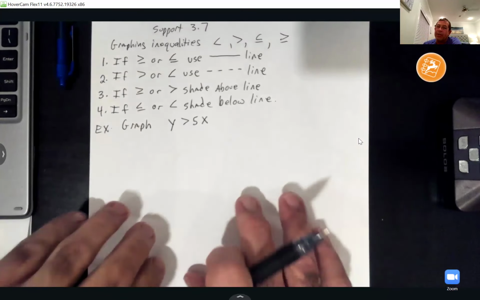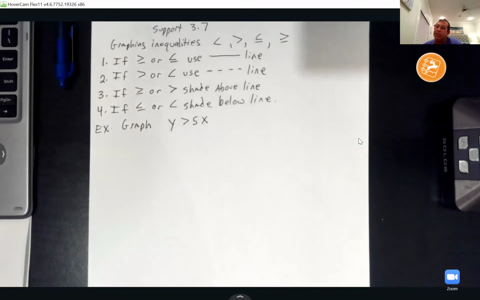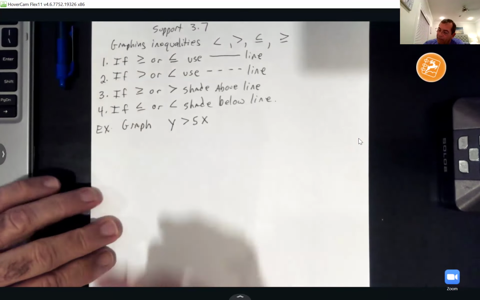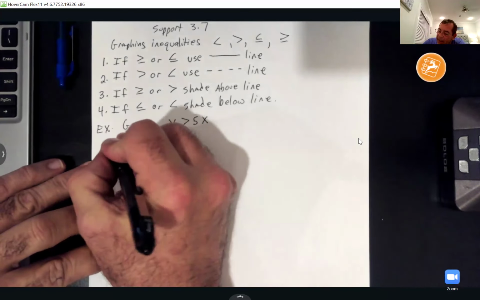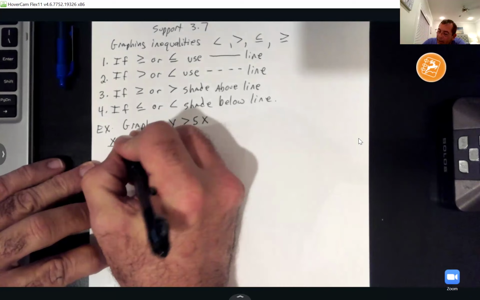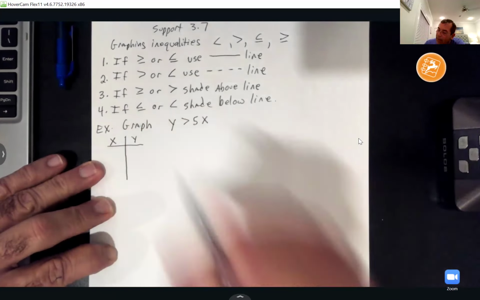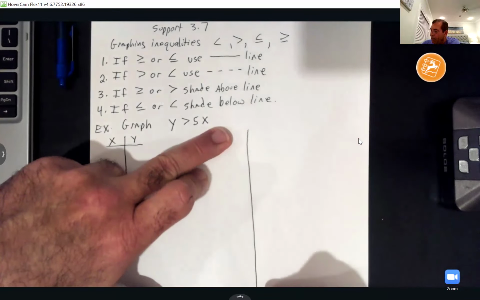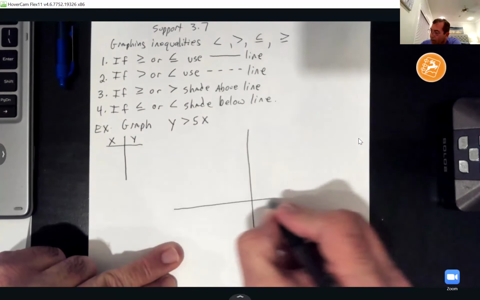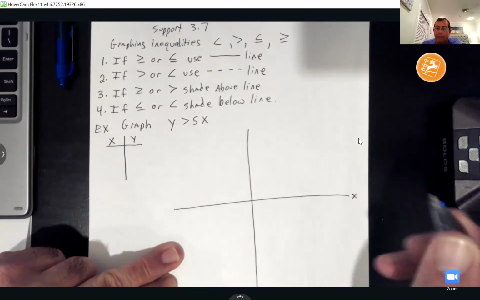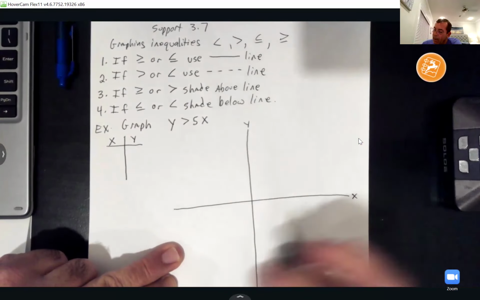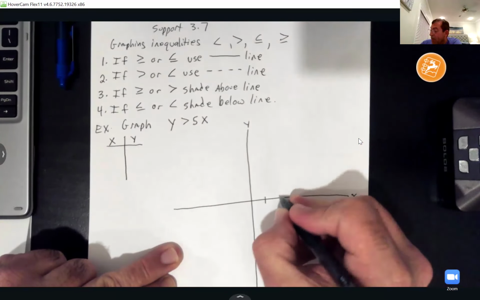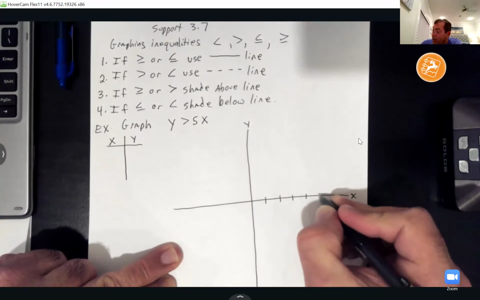So I'll show you how to do these by hand, and then I'll show you how you can shade on that calculator, okay? So by hand, I'm going to make my graph here. And I'm going to go out about 5 to start. Hopefully that works.